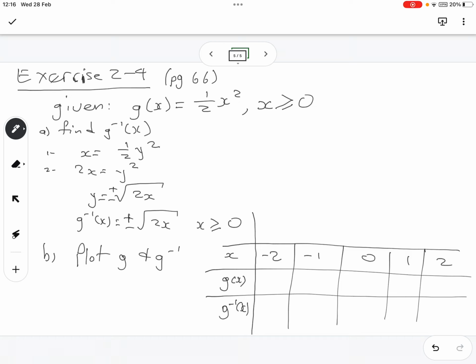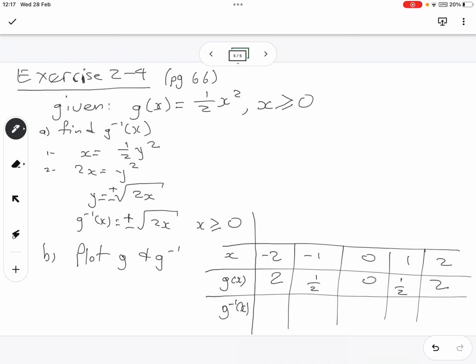For g of x, what's g of x at x is -2? It's 2. That means this is 1, 0, 1, 2. It's not. It's a half. Oh yes. Because -1 becomes positive, and then 1 multiplied by half gives you half. That's an excellent observation.